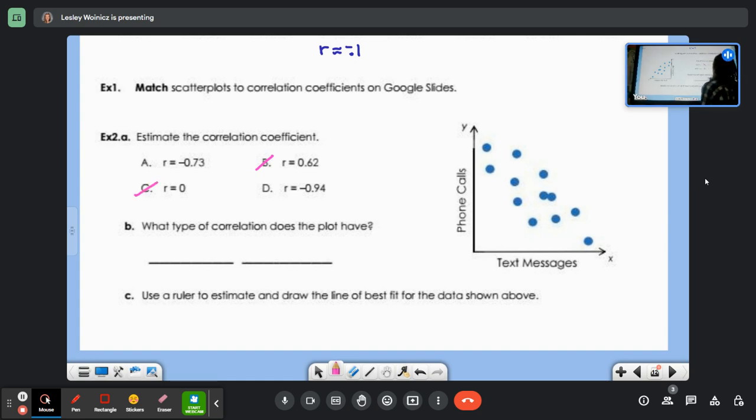Okay, now we've got either a moderate or a strong negative. And looking at how fluffy these points are, I would say that this is moderate. So I'm going to say moderate negative as the correlation for the plot.